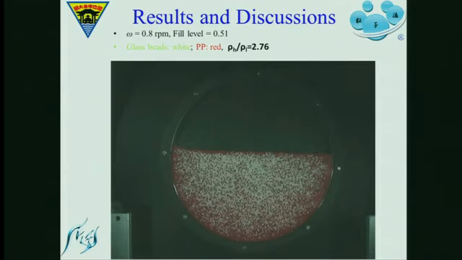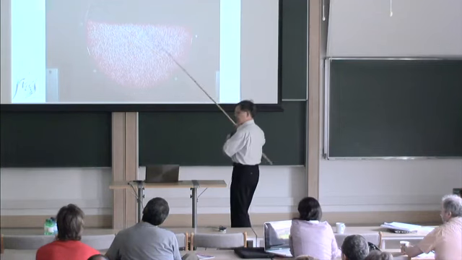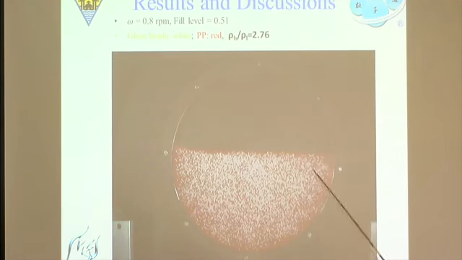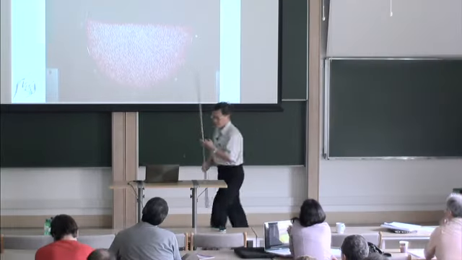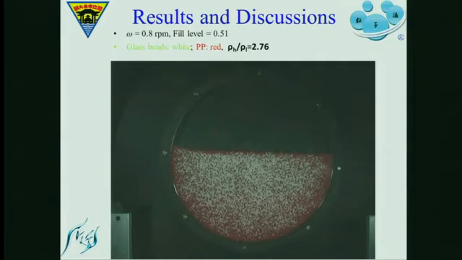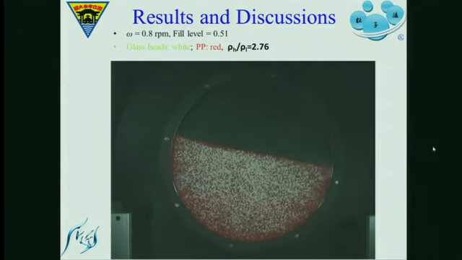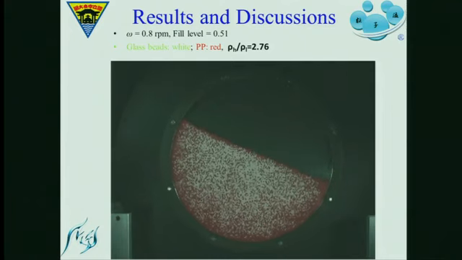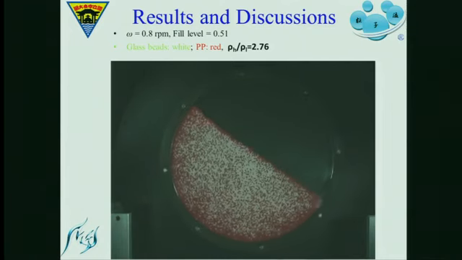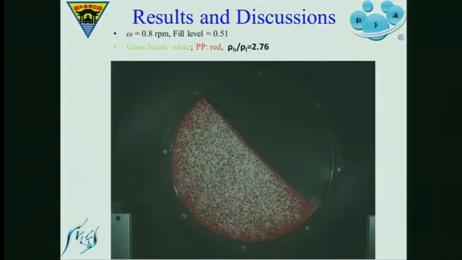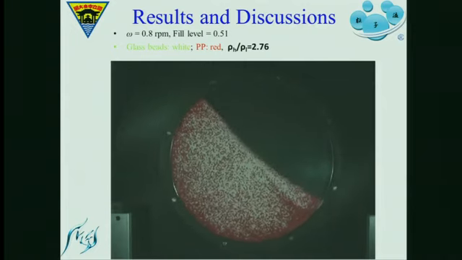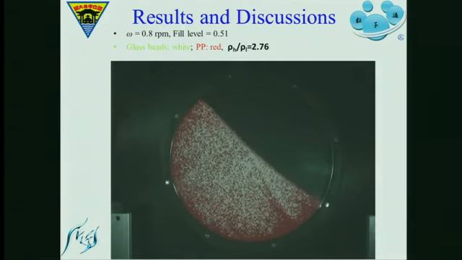So when we move it at 0.8 RPM, we can see this layer will avalanche and gather somewhere here. When it moves to the repose angle, the layer comes down here, and we can see it start to gather like this.